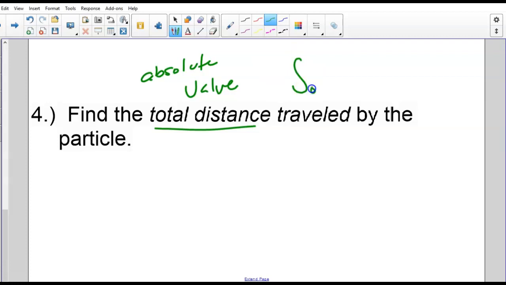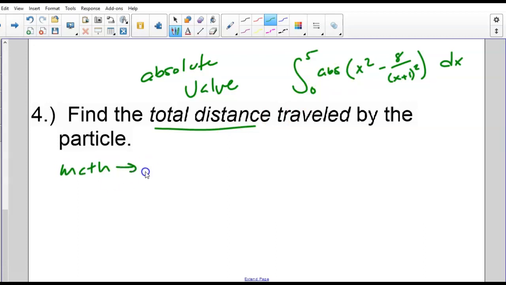And how it looks is ABS of x squared minus 8 over x plus 1 squared, dx. All right. So how do you get the ABS? You're going to press math, and then you're going to go right to NUM, and then you're going to press ABS. So when you do this, you do the function integral button, and then you do the ABS button, and that'll get you to that right there.